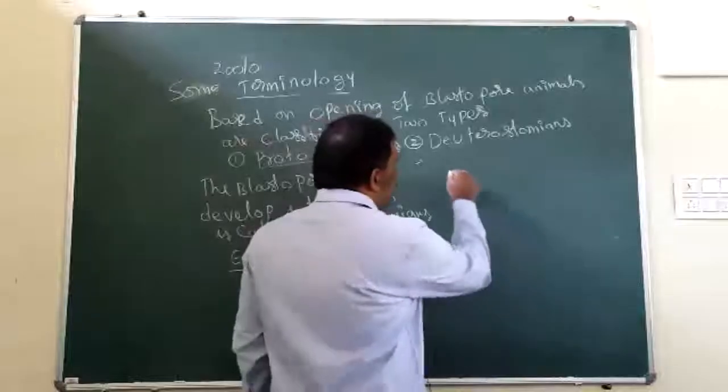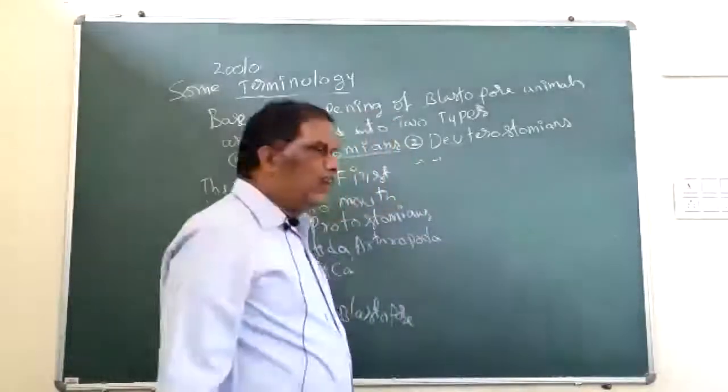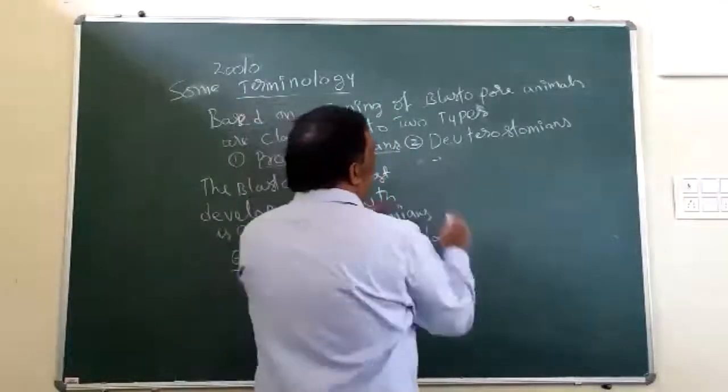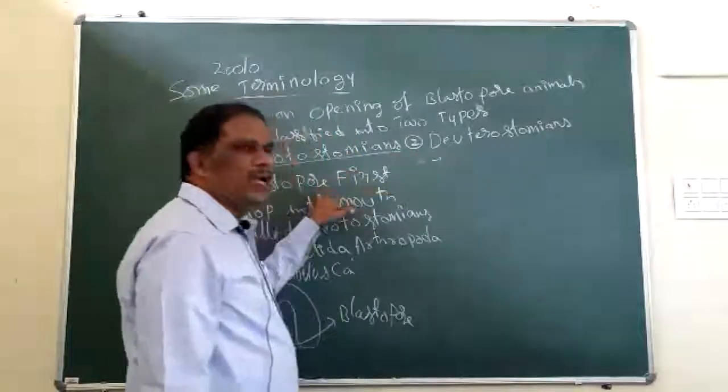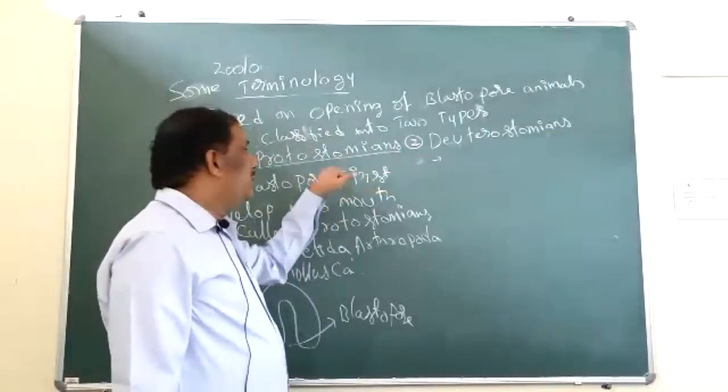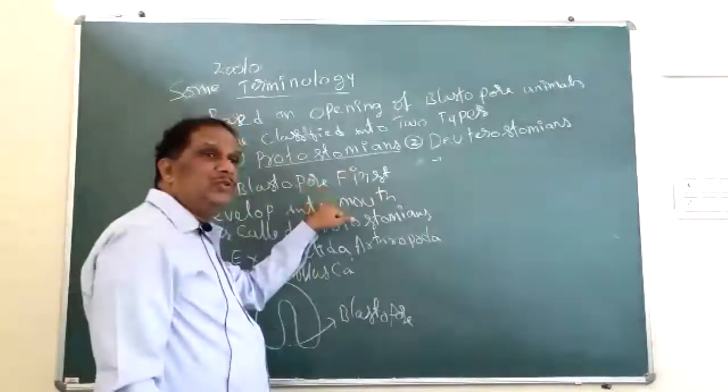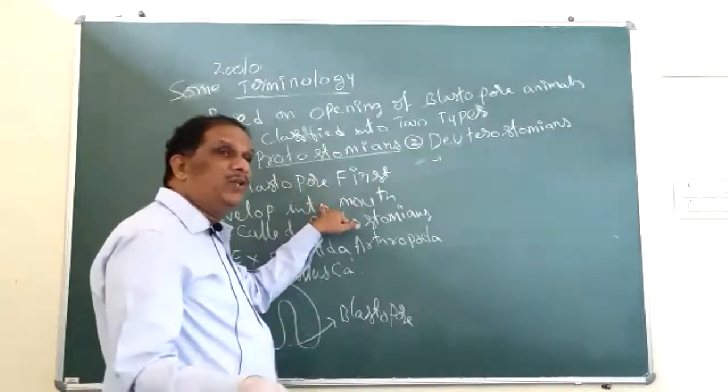Next, deuterostomians. Deutero means secondarily. In protostomians, the blastopore primarily develops into mouth, later into anus.